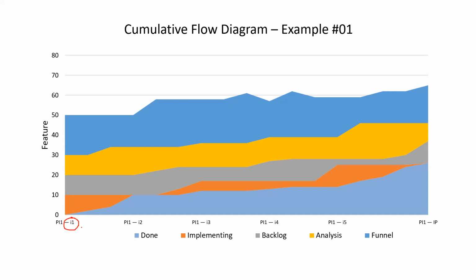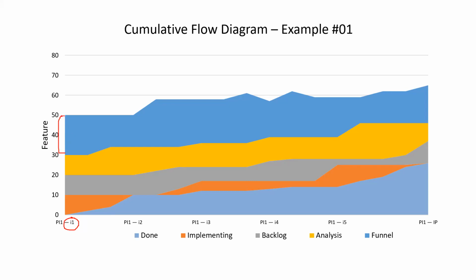So there were 50 features in I1, out of which around 20 features are in funnel state. How 20? Because 30 to 50 is showing in the blue color, so it's a funnel. Yes.